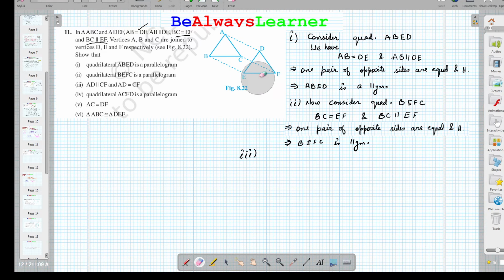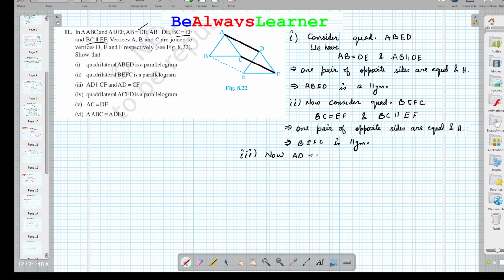What we want to have is that this AD is parallel with CF and they are equal also. So for that, we can write what we have.